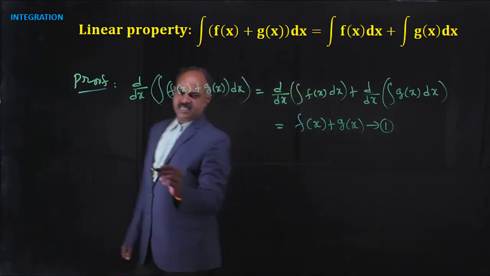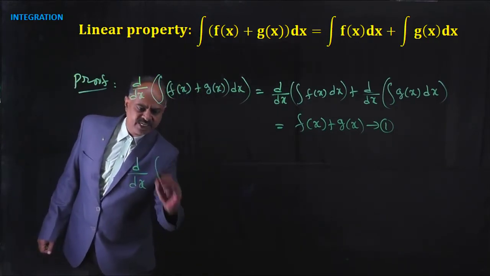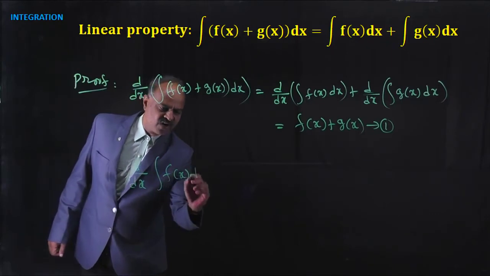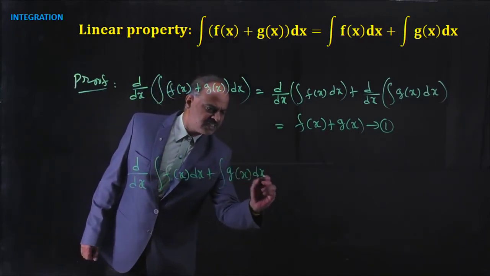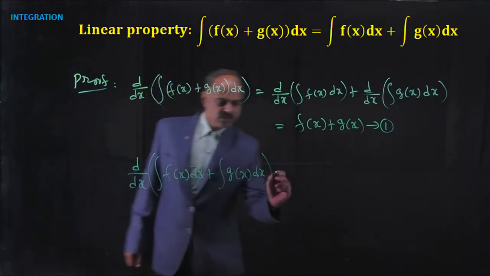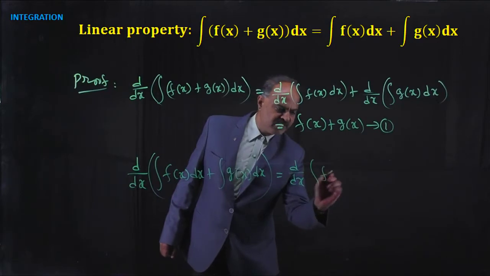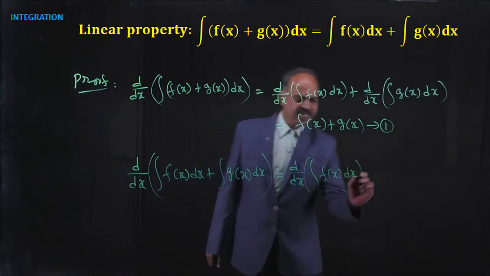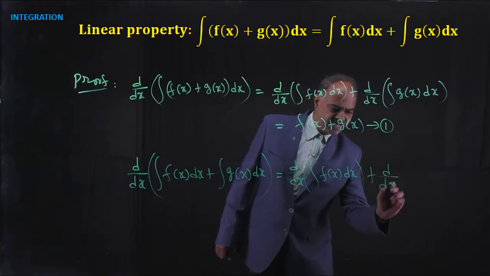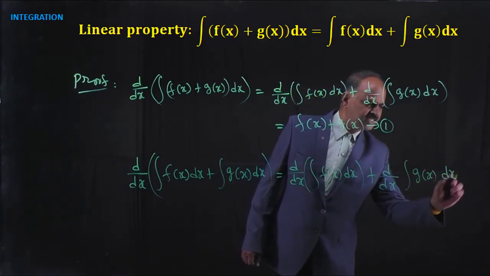Take right hand side, d by dx of integral f of x dx plus integral g of x dx. Now this can be written as d by dx of integral f of x dx plus d by dx of integral g of x dx.